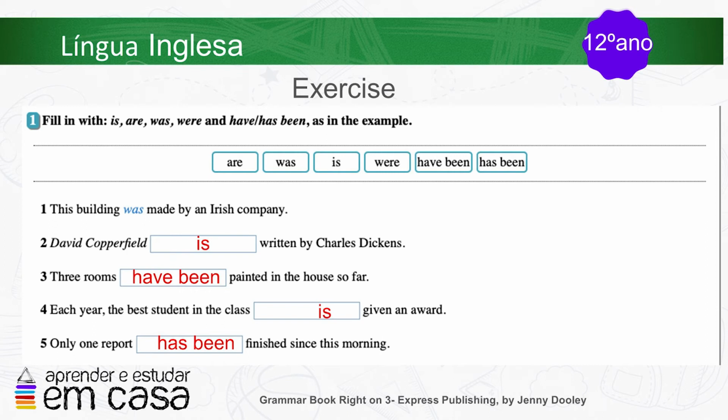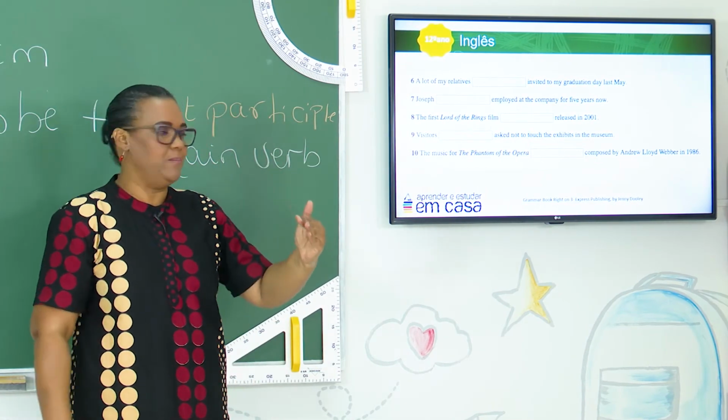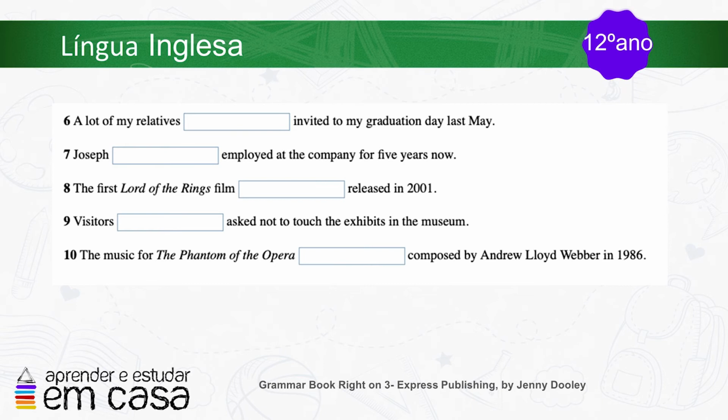So the next sentence. I know that you have done all the 10 of them, so let's correct all of them. A lot of my relatives, yes, you're right, were invited to my graduation last May. Joseph has been employed at the company for 5 years now. The first Lord of the Rings film, yes, you got it right again, was released in 2001.